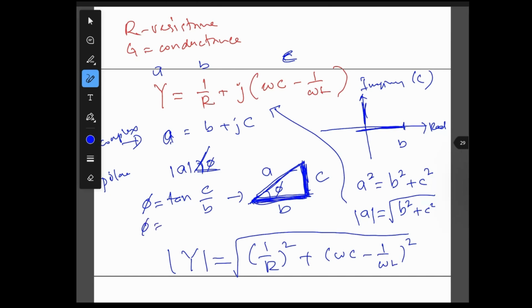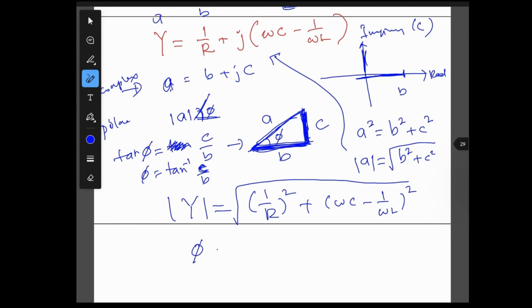So phi will be equal to inverse tangent of C over B. Then phi will be equal to inverse tangent of (omega C minus 1 over omega L) divided by 1 over R. This is the formula for the magnitude and angle of the admittance.